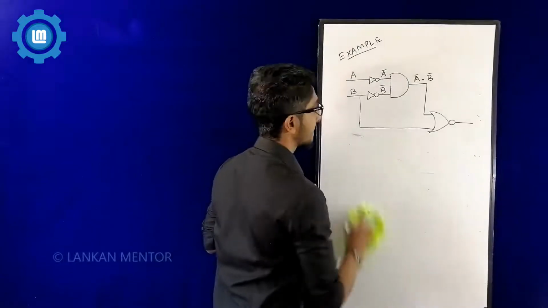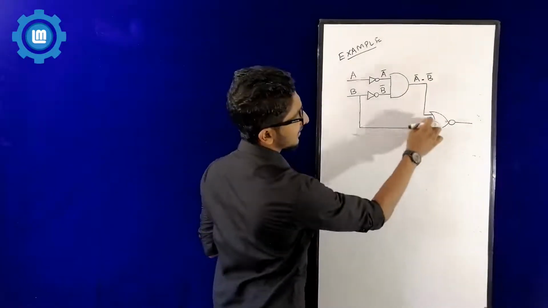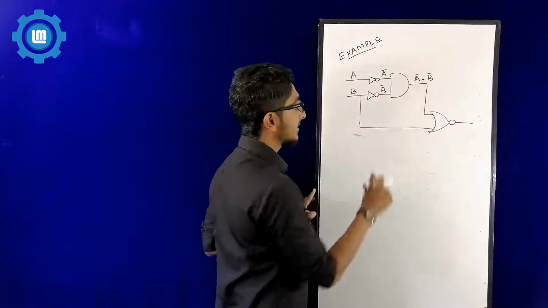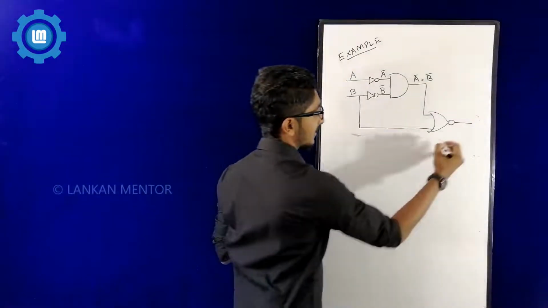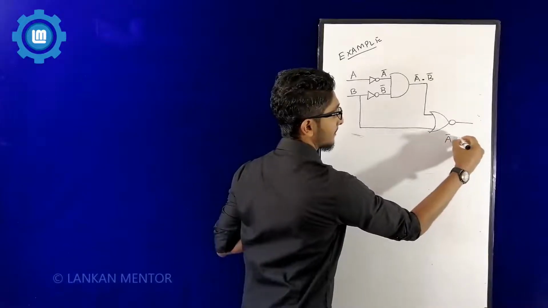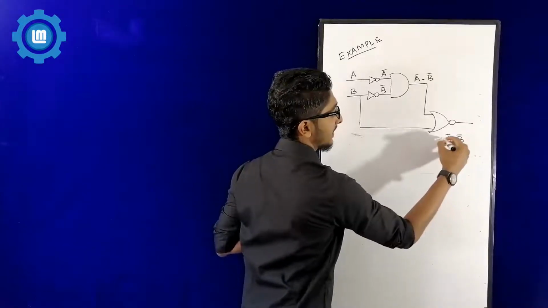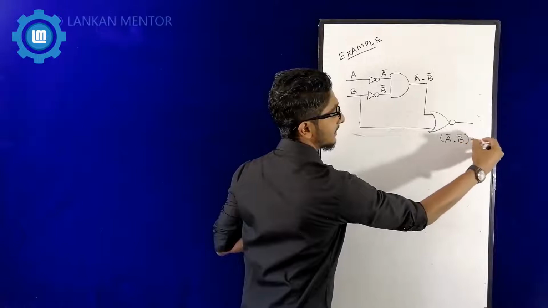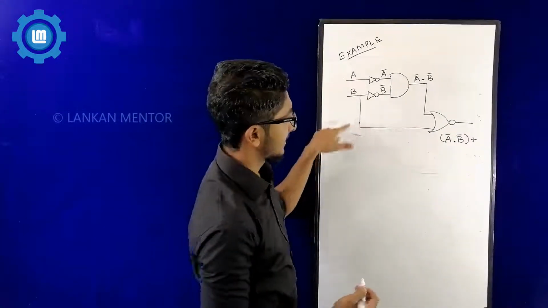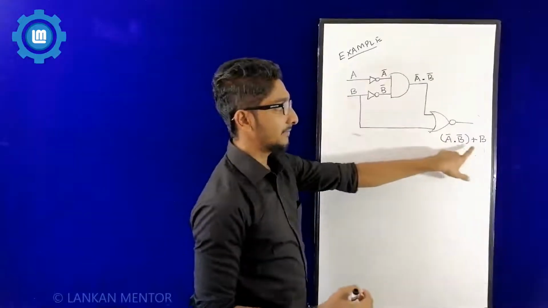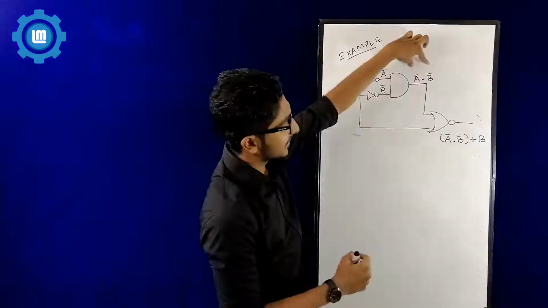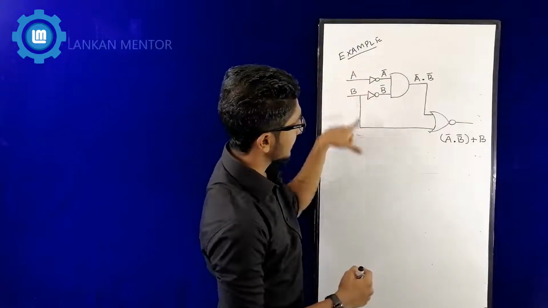Okay. A bar dot B bar is one input for this NOR gate and the other input is B. So A bar dot B bar added by B. So A bar dot B bar plus B. See, A bar dot B bar is one input, B is another input.